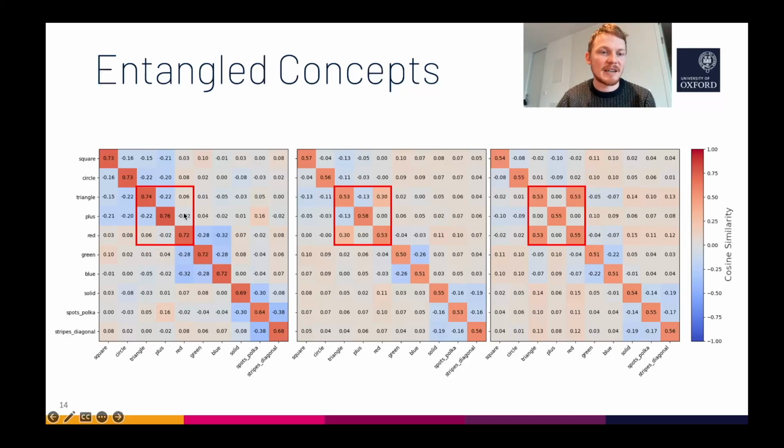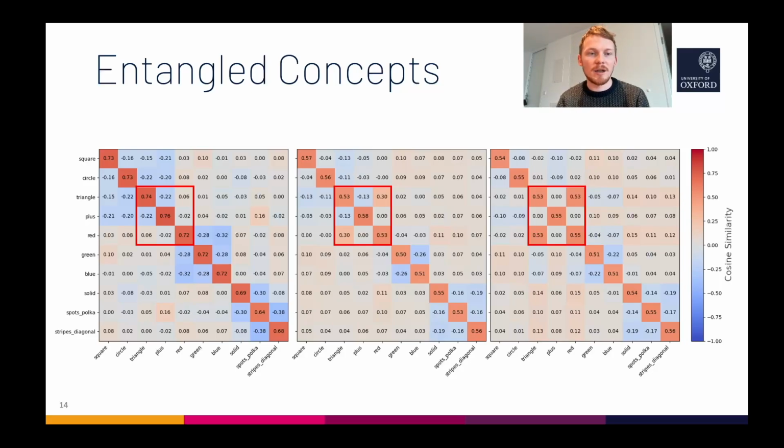For the first dataset, these concepts are almost orthogonal with a 0.06 similarity, whereas in the second dataset you have a 0.3 similarity, and in the third dataset you have a 0.53 similarity. So similarity increases as you increase the association between them. Makes sense. But in that last dataset, the triangle and the red concept are just as similar to each other as they are to themselves.